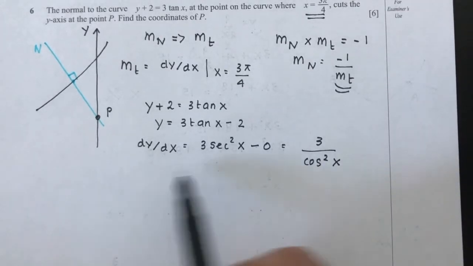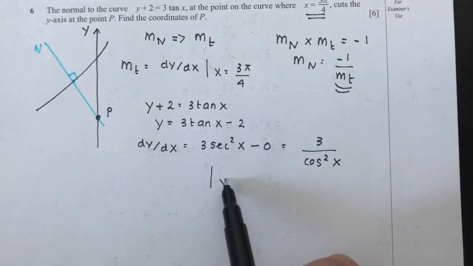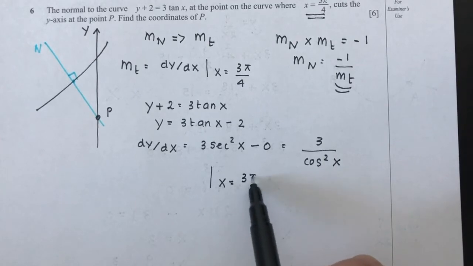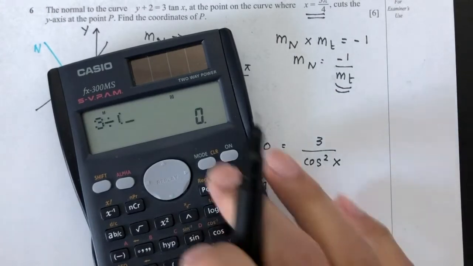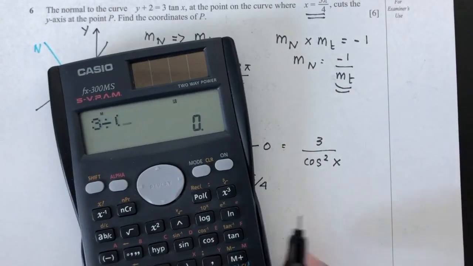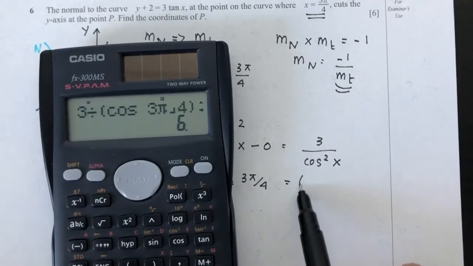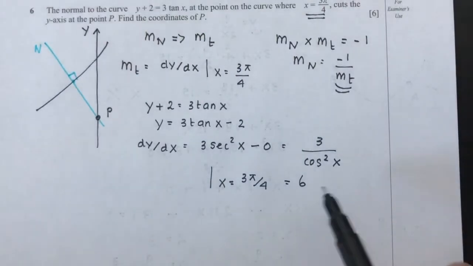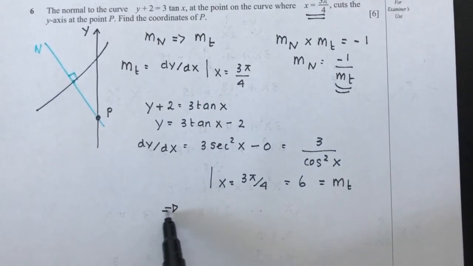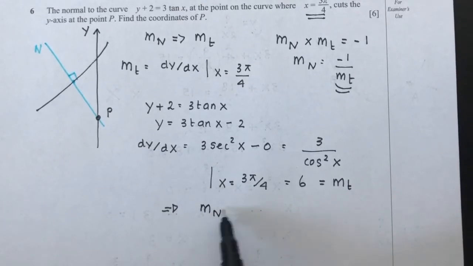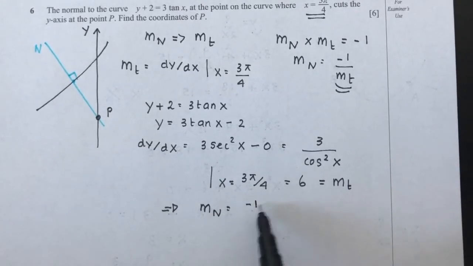So we have to find the value here at x equal to 3 pi over 4. So let's do that. 3 divided by cos squared of 3 pi over 4, we have to use radians. That will be 6. So since you know the gradient of tangent is 6, we can see that the gradient of normal is equal to minus 1 over 6 according to our formula.